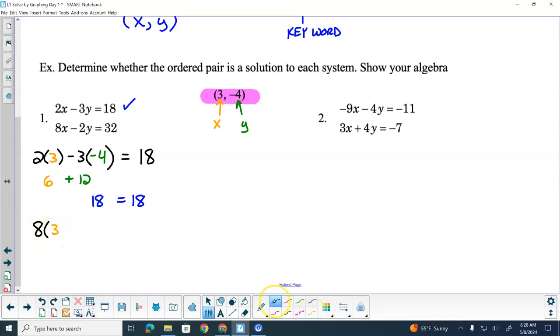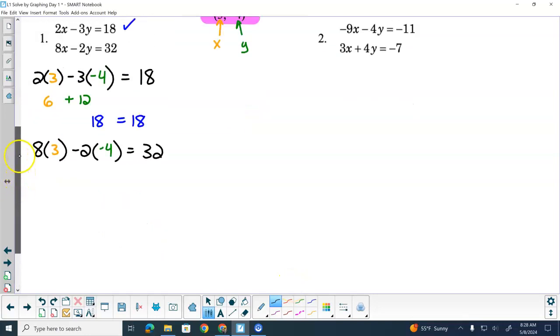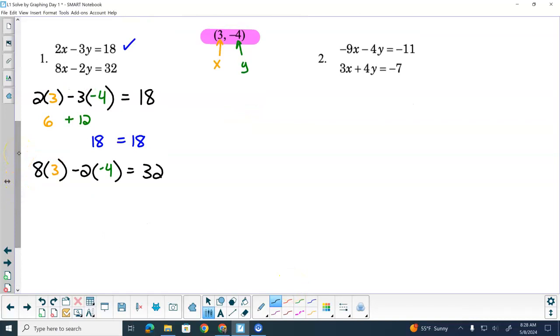8 times 3 minus 2 times negative 4, and that's got to be positive 32. 8 times 3, anybody? 24? Negative 2 times negative 4.